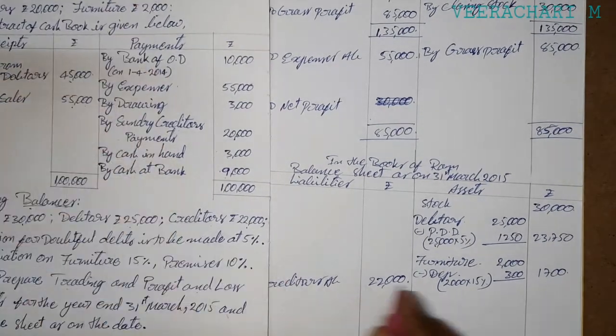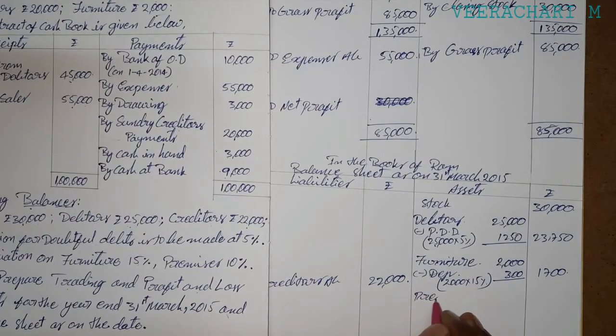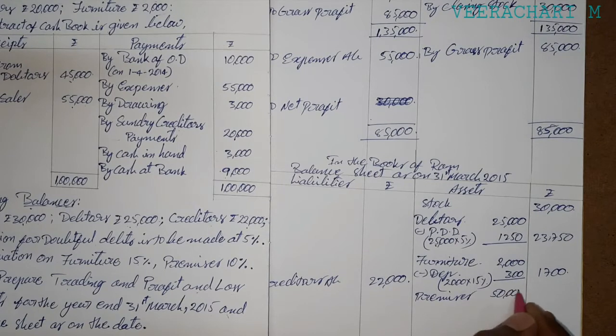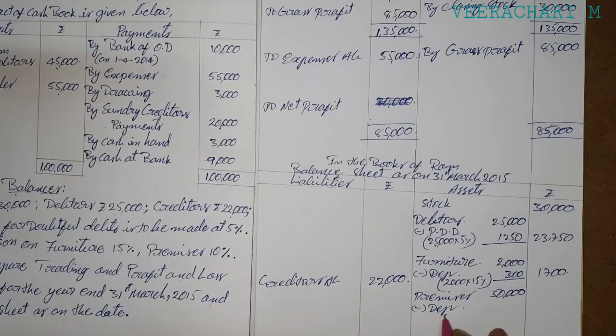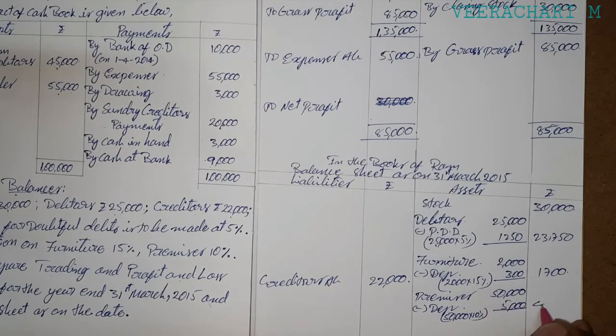Next, premises also. Premises is 50,000. Premises 50,000 less depreciation on premises 10%, means 50,000 into 10%, which is equal to 5,000. Remaining amount is 45,000.